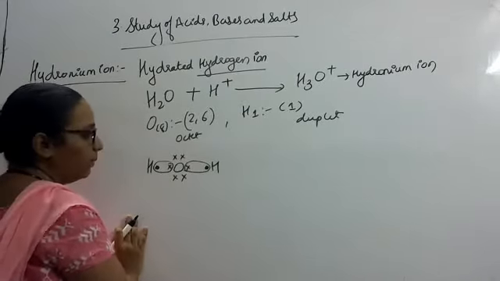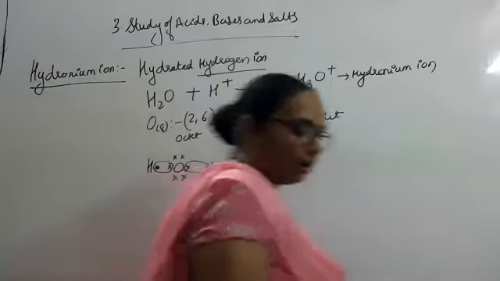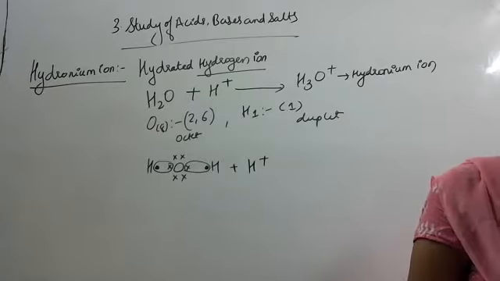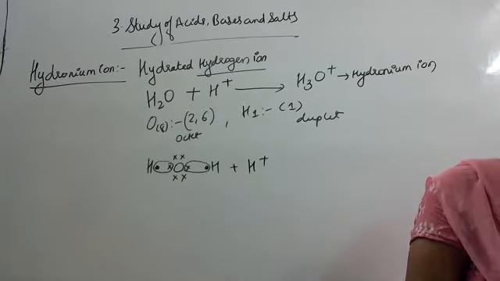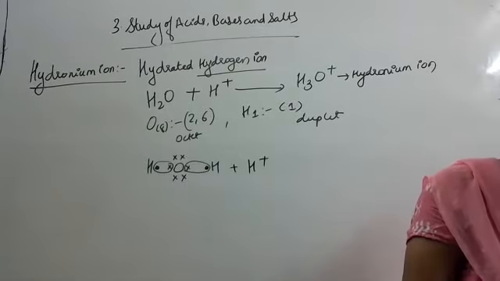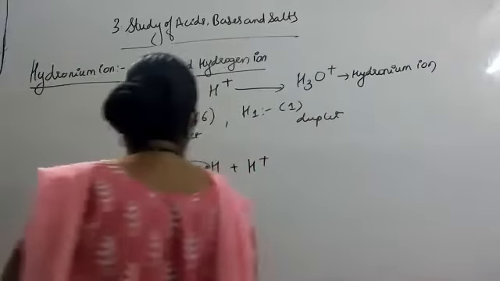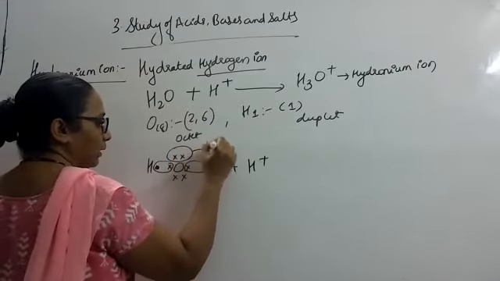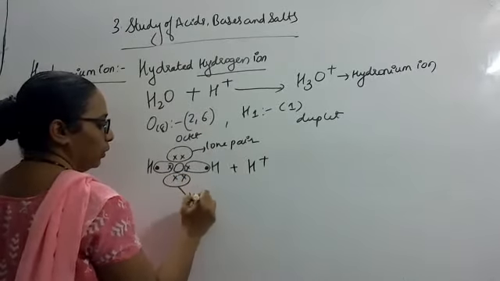Now what are we doing? We are adding a hydrogen ion. A hydrogen ion has a positive charge, meaning it will not have any electrons. So this hydrogen ion is added over here. How many lone pairs are there? This one is a lone pair and this one is also a lone pair.